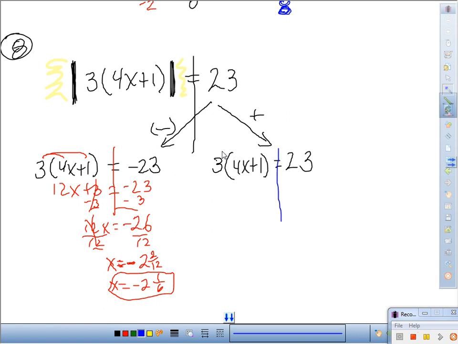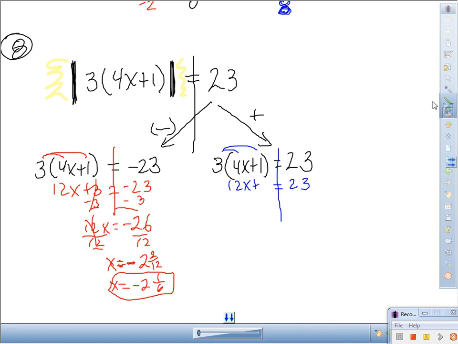Line down the equal sign, distribute. 12x + 1 equals 23. Did I make a mistake on that one? Yes, check on yours. Some of you made the same mistake. You distribute to the first, but you didn't distribute to the second. Did you catch that? Yes?